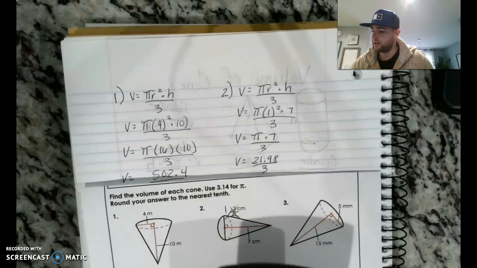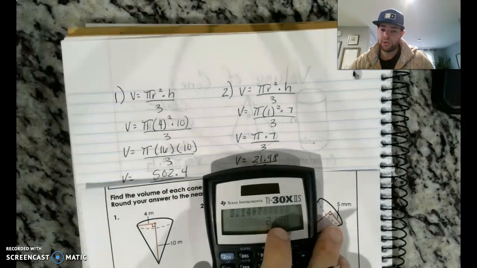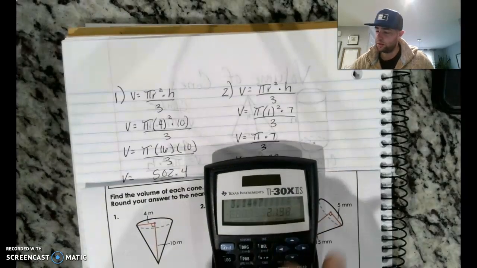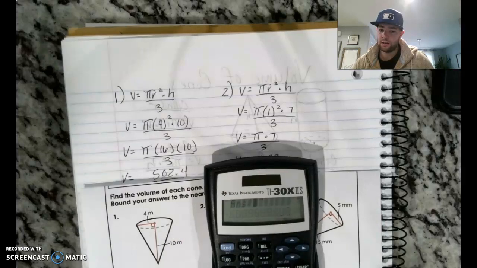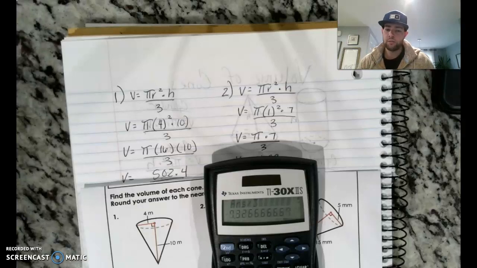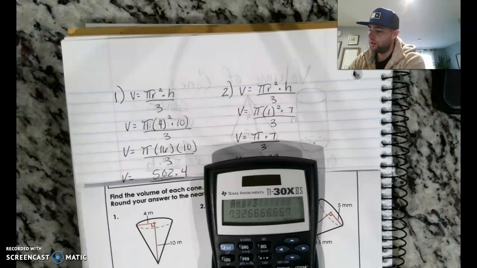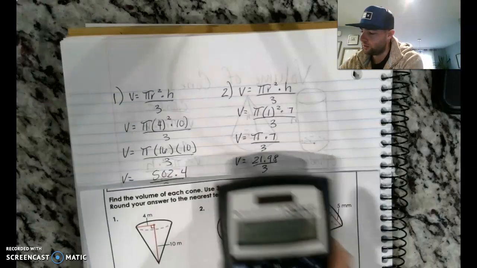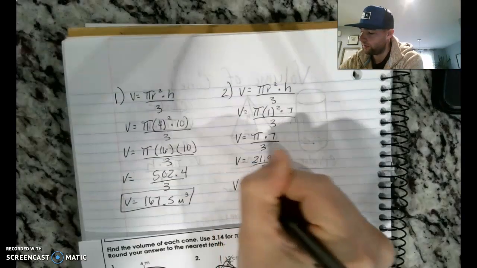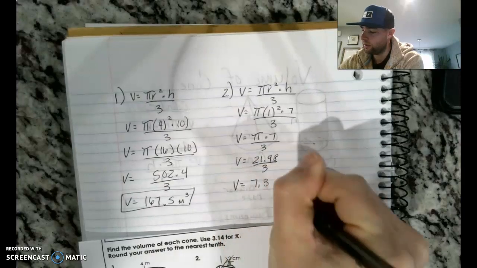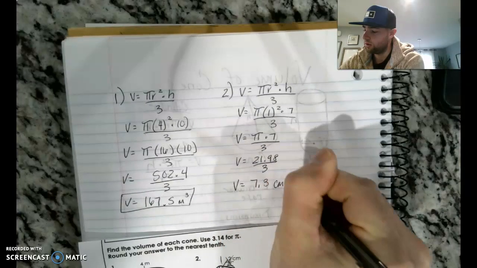So again, I kept the answer in my calculator, so I'm just going to hit divide. So we have 21.98 divided by 3, and we get 7, rounding to the nearest tenth, it's going to be 7.3. So my volume is going to equal 7.3, and then my units are going to be centimeters cubed.